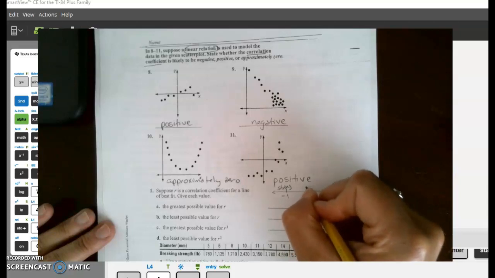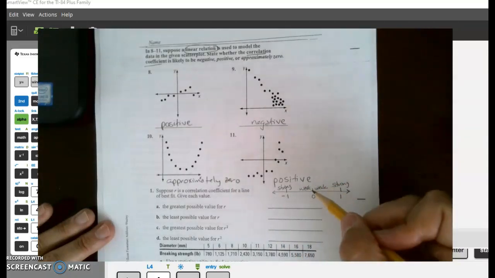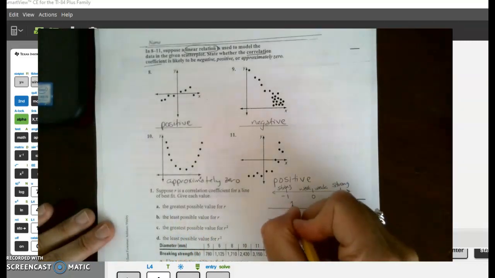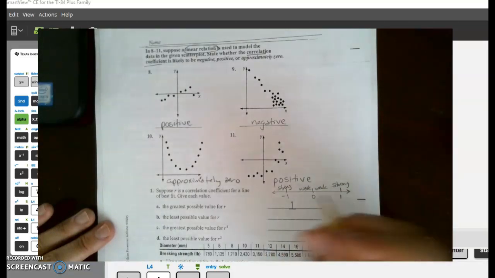Close to 0, it's going to be weak, and right here at 0, there's no relationship. So what's the greatest possible value for R? Well, it's 1. There's no number on this number line higher than 1. What's the least possible value for R? Well, -1.